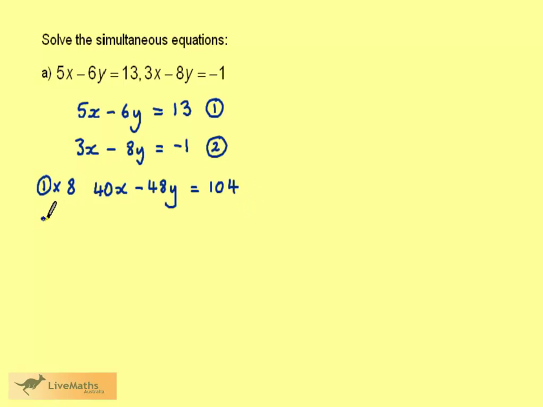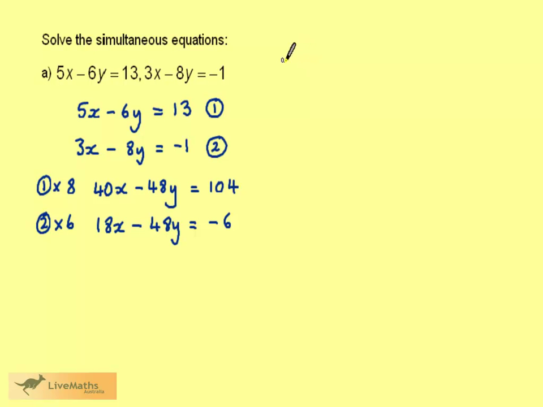If we then did 2 multiplied by 6, we'd get 18x, take away 48y is equal to minus 6. Note how we now have the same number of y's.